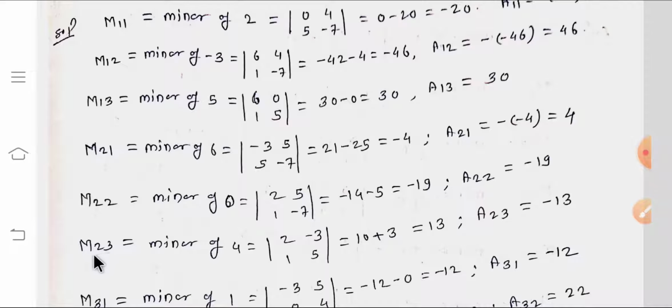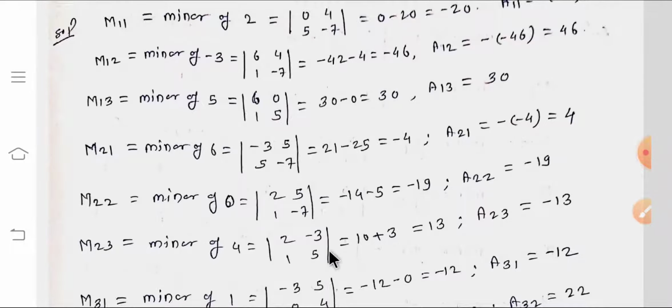Next M23, second row third column, has a negative sign for the cofactor. The minor of 4 is the determinant 2 5, 1 minus, and we take the positive value: 10 plus 3 is 13, so A23 is minus 13. Why do we take positive? Because expanding this determinant, the middle sign should be negative, but if any one is negative, the middle sign is positive. If both are positive, the middle sign is negative. If both are negative, the middle sign is negative.